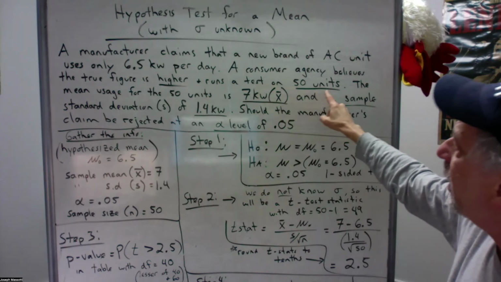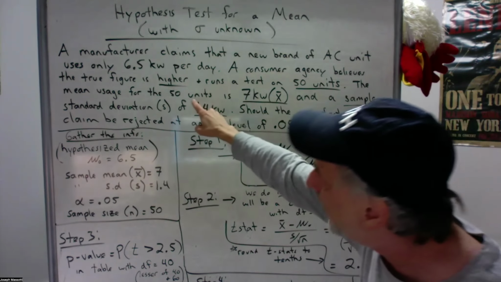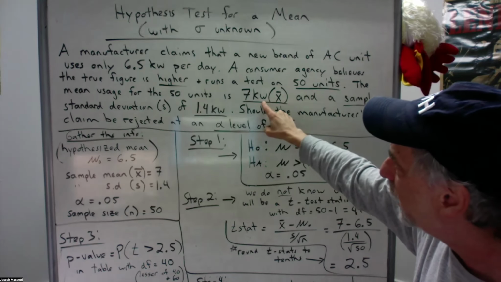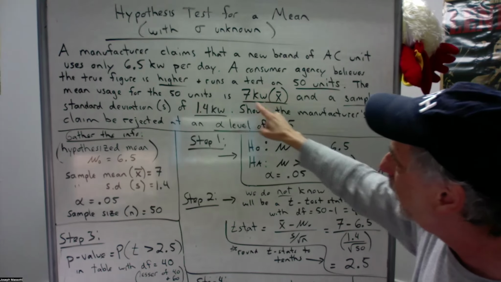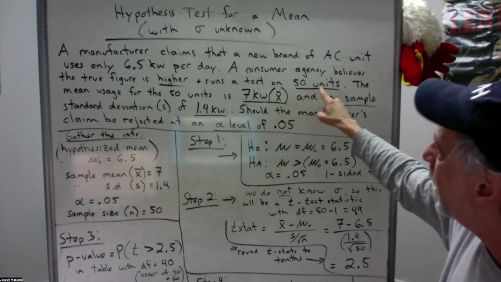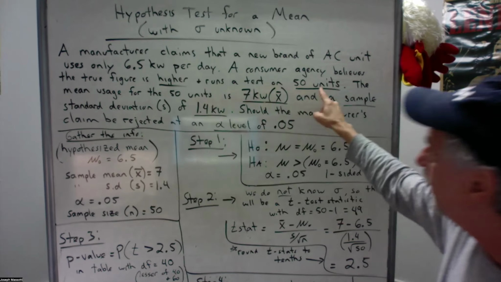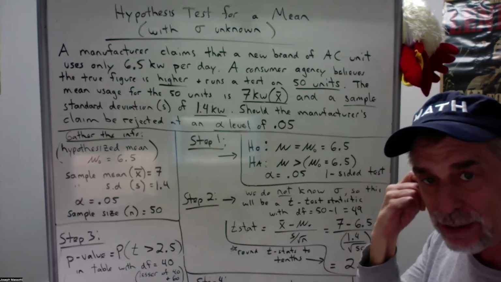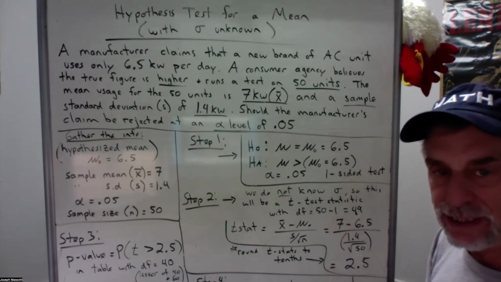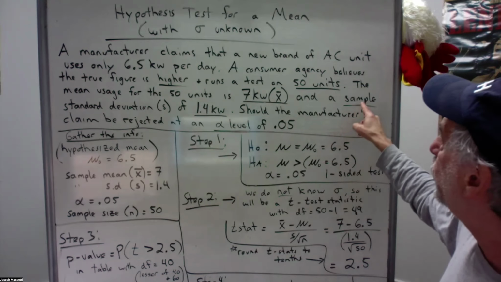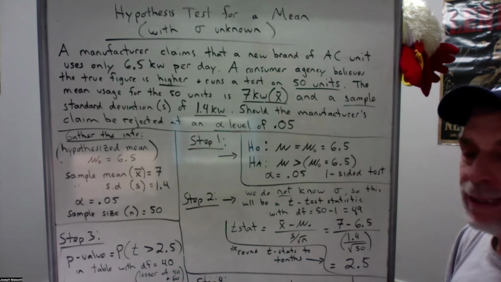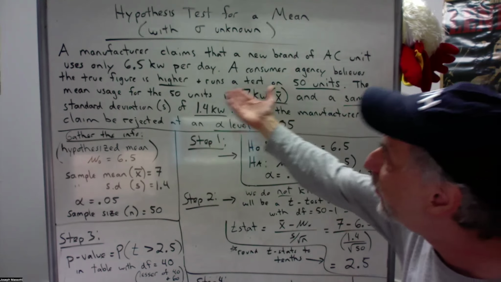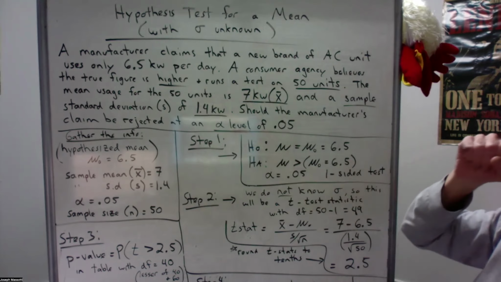Right? So he runs a test on 50 units and gets an average of those 50 units of 7 kilowatts. That's our X bar, our sample mean out of a sample of size 50. And a sample standard deviation. Now, this is the reason why we have to use the t-distribution, because we don't know what the population standard deviation is, so we're forced to use the standard deviation from that sample of 50.